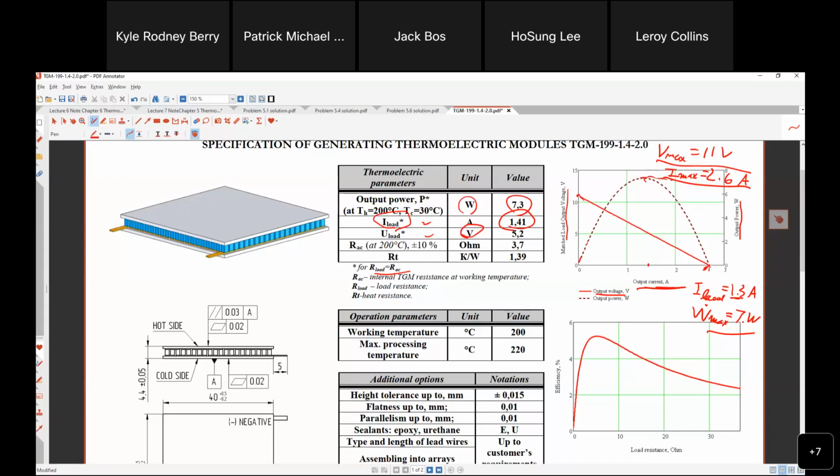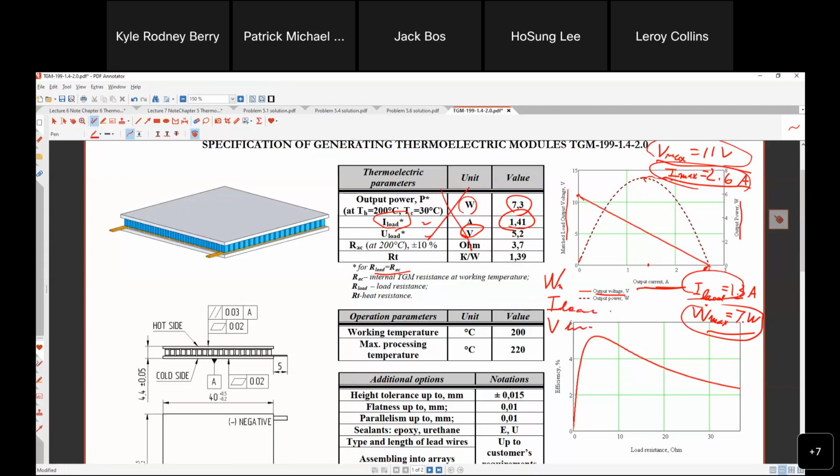So once this is real, once we have a real maximum, they don't say, but we can see it. Then do you think we can calculate the actual power? Actual current? Actual voltage for load? Yes.